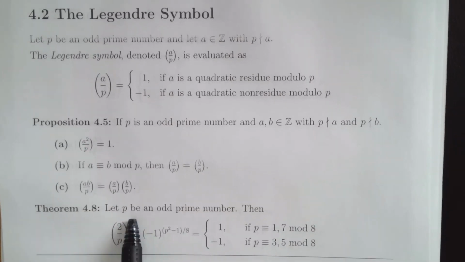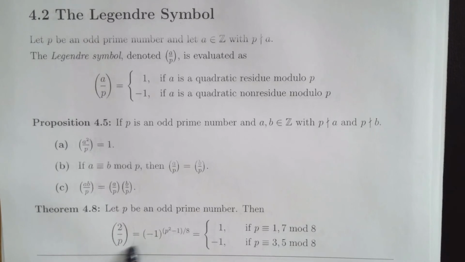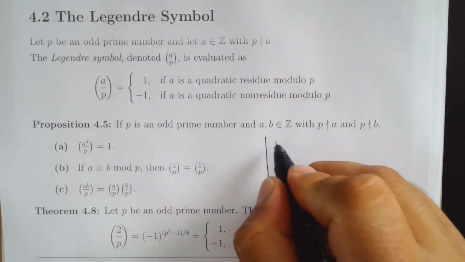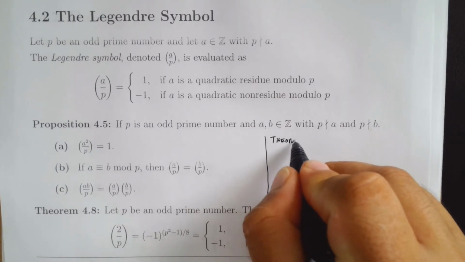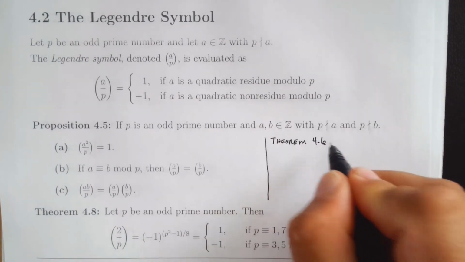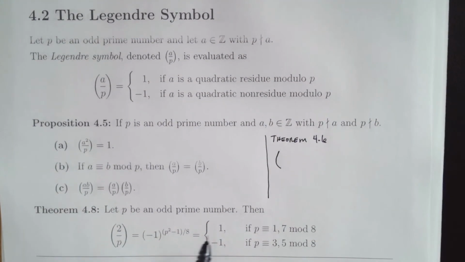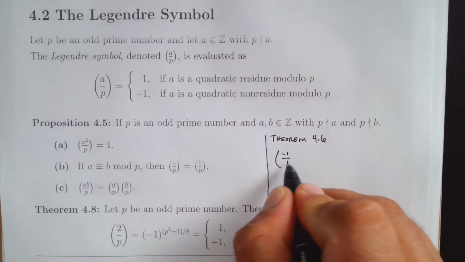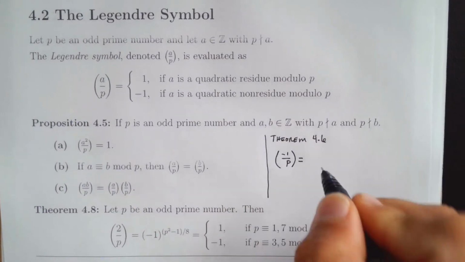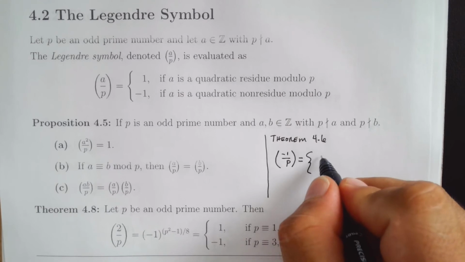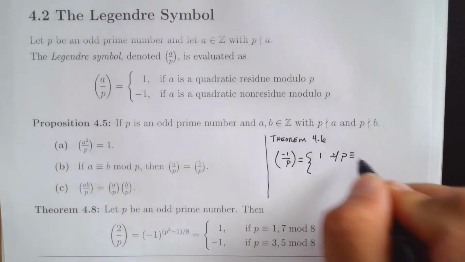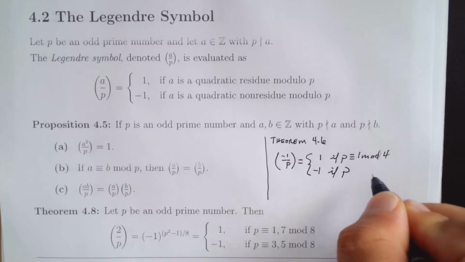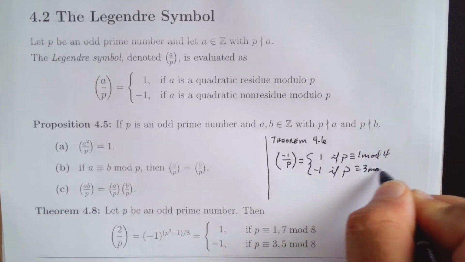We also have theorem 4.8 that allows us to simplify other pieces, and we will come back and refer to theorem 4.6 as well, that tells us that if we have an odd prime number, then the Legendre symbol of -1 over p will equal 1 if p is congruent to 1 mod 4, and will equal -1 if p is congruent to 3 mod 4.